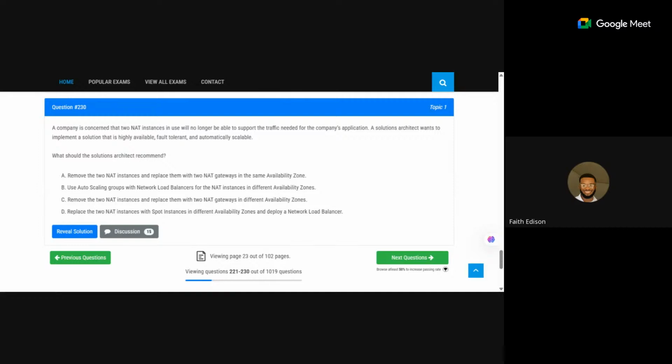Okay. If you do this, then you don't have fault tolerance because you just have two gateways, and then which instance is going to run?